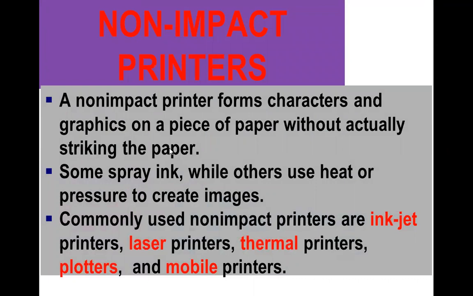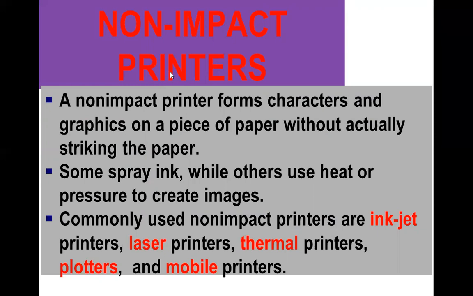After looking at the impact printers, those whose printing mechanism is by striking the paper, now we have other printers called the non-impact printers. A non-impact printer forms characters and graphics on a piece of paper without actually striking the paper.